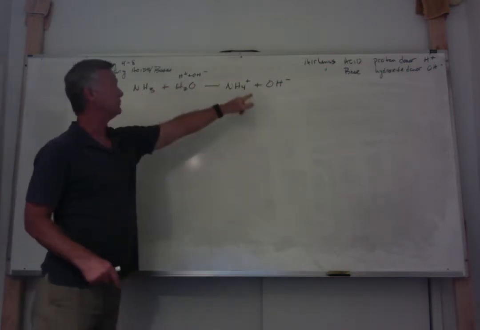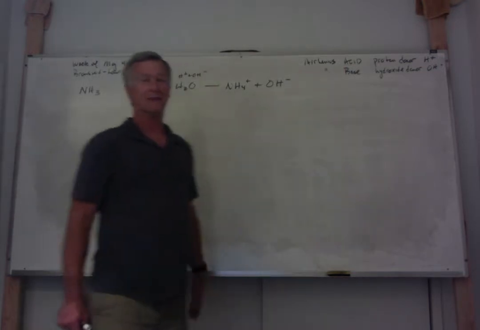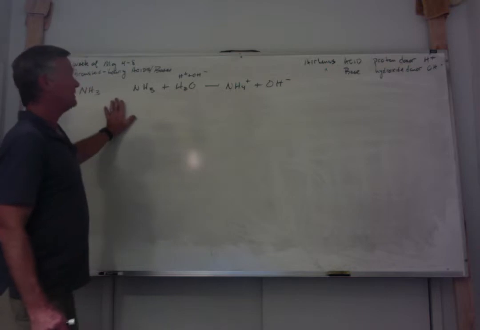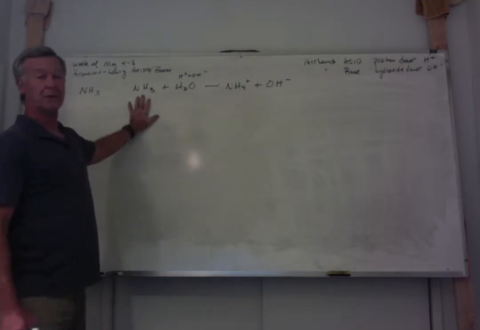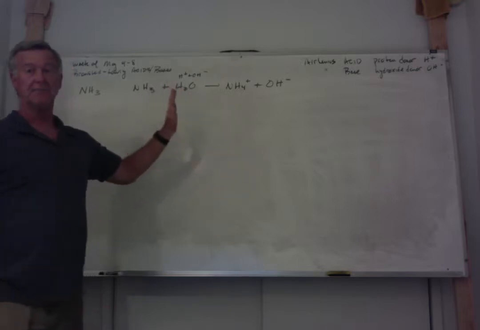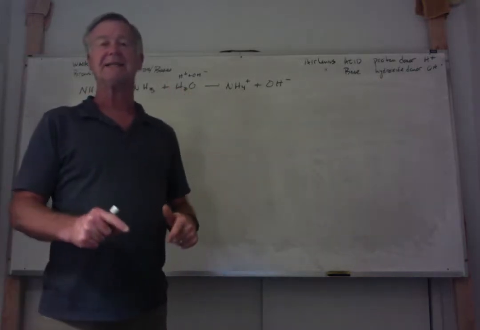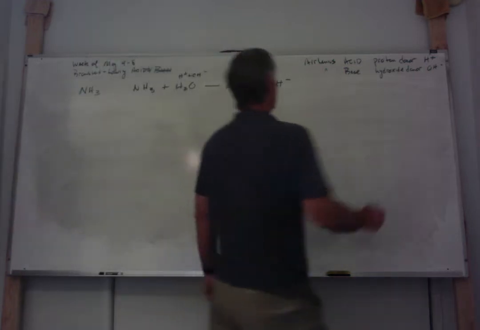It also produced the OH-. Water, in this case, acted both like an acid and a base. If we had only Arrhenius acid or base to work with, ammonia is neither of those. It didn't donate a proton, and it did not donate a hydroxide ion.